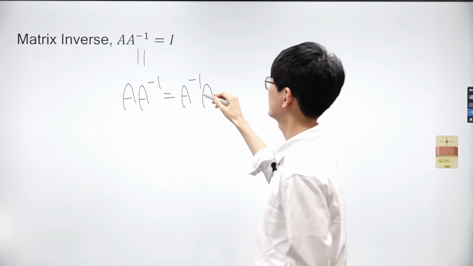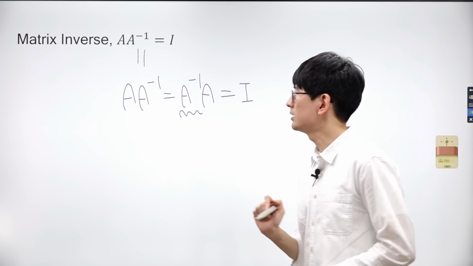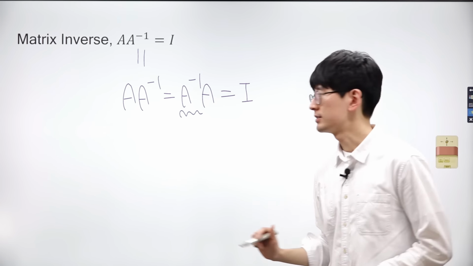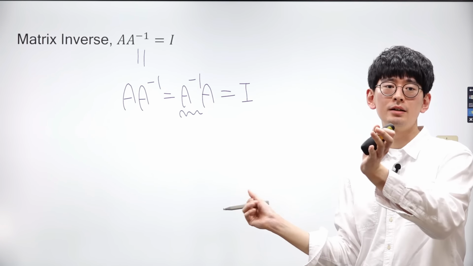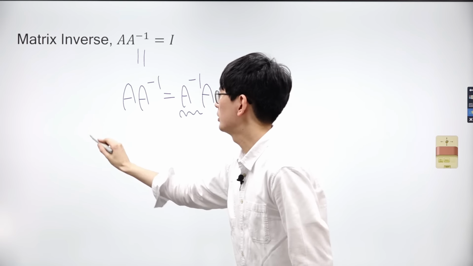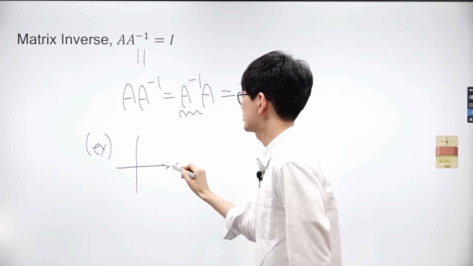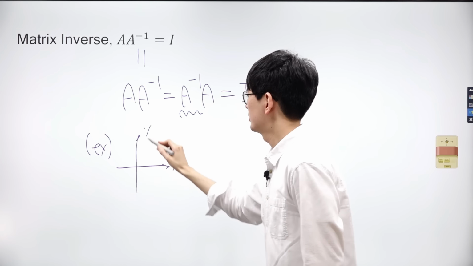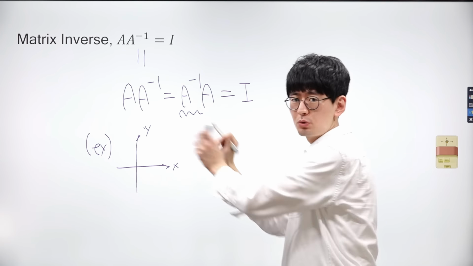If we multiply matrix A by a certain matrix and obtain an identity matrix as a product, we call the matrix multiplied by matrix A the inverse matrix of A. This means that the inverse matrix of A restores the coordinate space altered by matrix A. We begin with a two-dimensional space defined by the axes x and y.